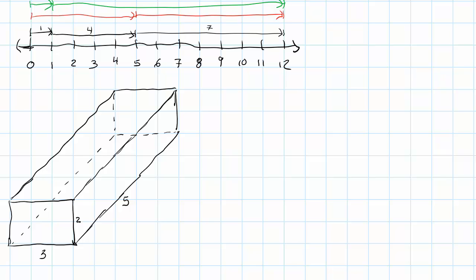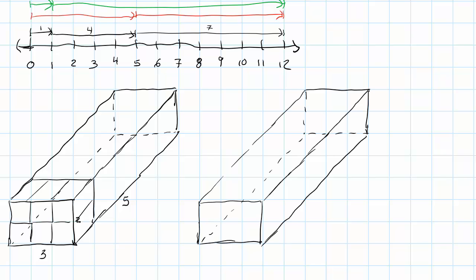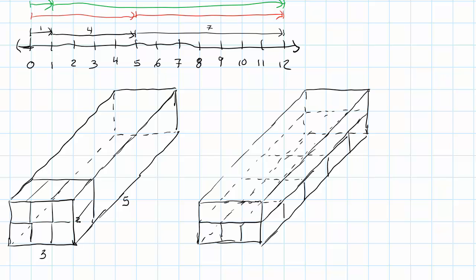And so we can think of taking the volume by looking at 5 sheets of 6 blocks each, or by looking at layers that are 1 block thick and each contain 15 blocks. And then we have 2 layers like that. So, in a sense, the associative property for multiplication consists of exactly how you choose to slice your box up in figuring out its volume.